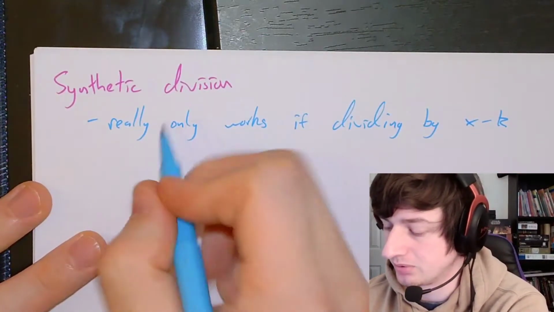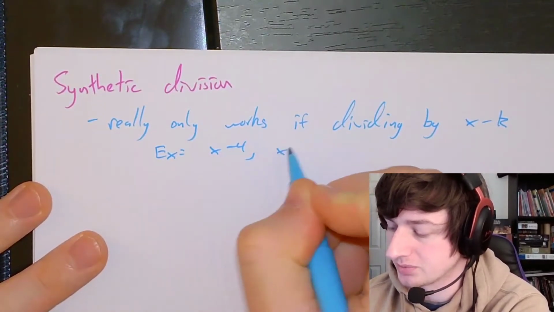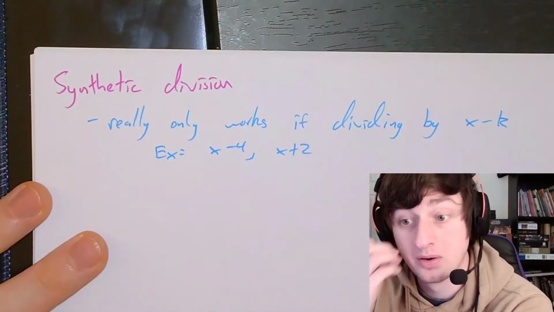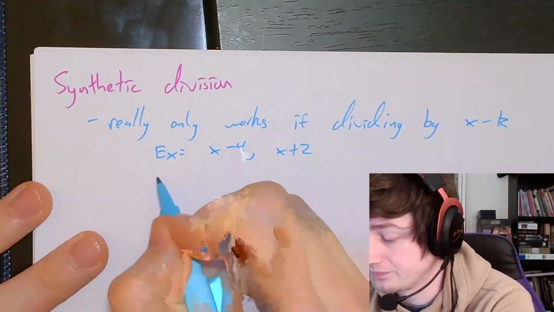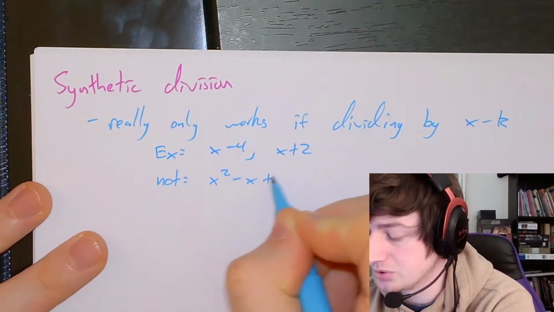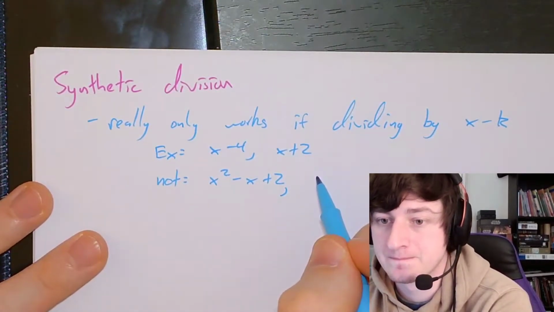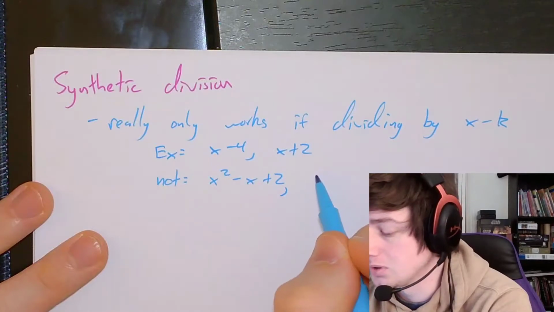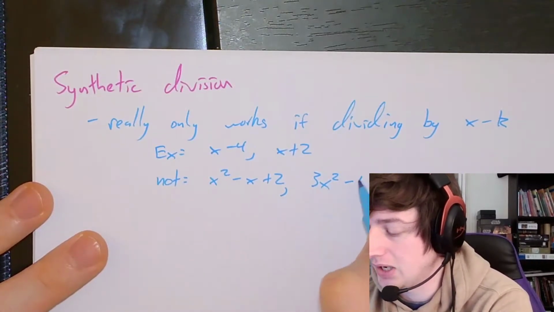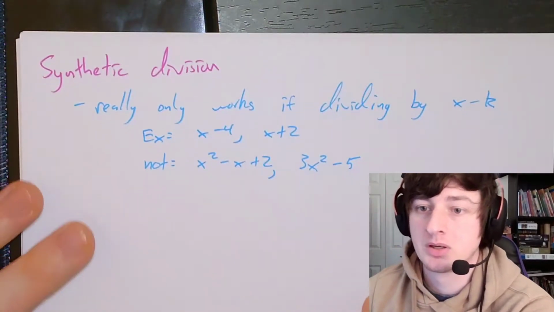So, for example, x minus 4, x plus 2. Not x squared minus x plus 2, which we did talk about how to divide, or like 3x squared minus 5. Okay, now here's the thing.